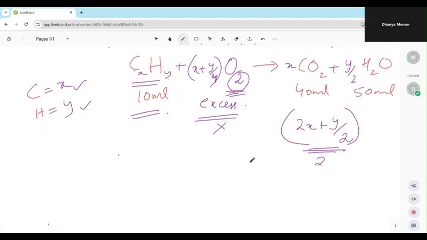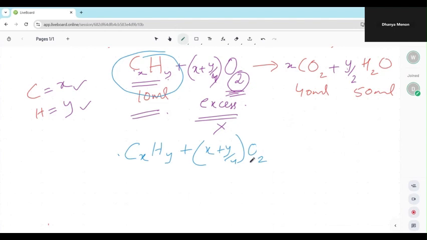Now, looking at the balancing numbers, I'll rewrite the equation once again. CXHY plus x plus y by 4 O2, giving you XCO2 plus y by 2 H2O.